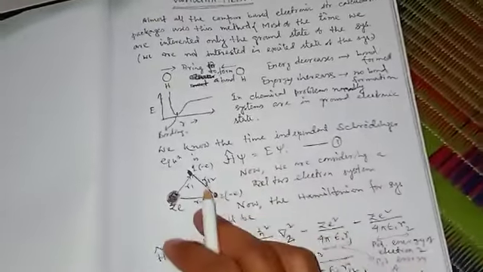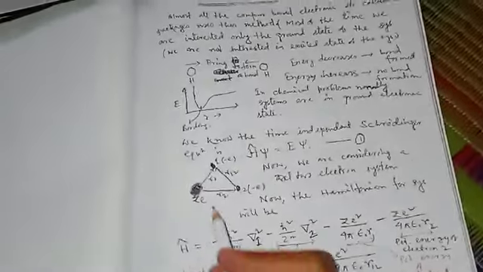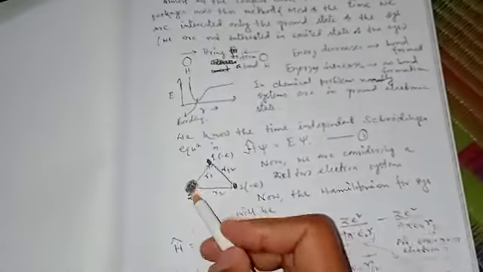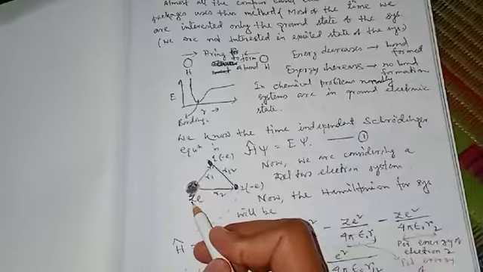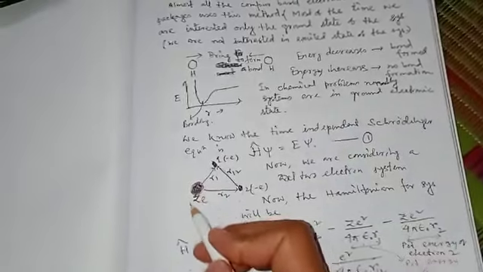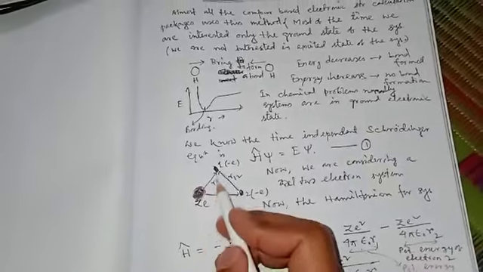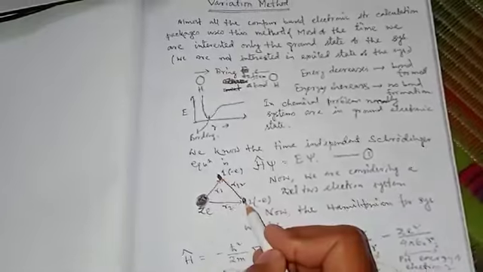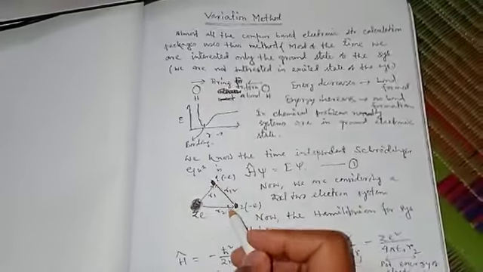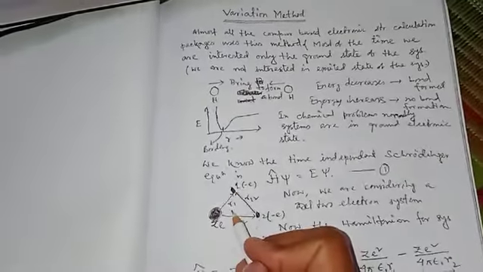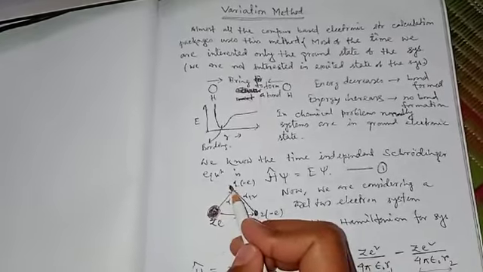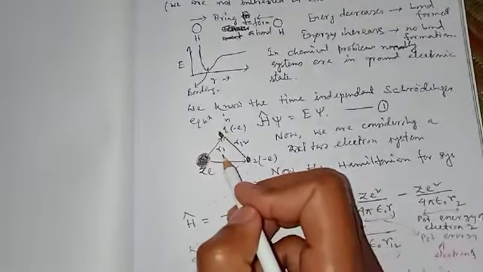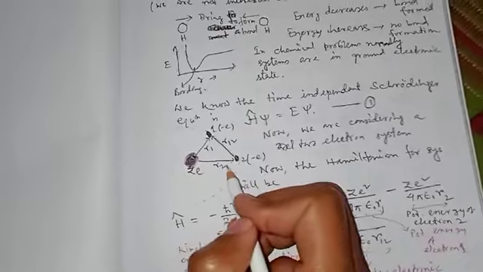Now we are considering a two electron system. This big one is my nucleus. Two protons are there, so the charge will be plus 2e, and one electron here, and the second electron here. The distance from the nucleus to the first electron is r1, and to the second electron is r2.